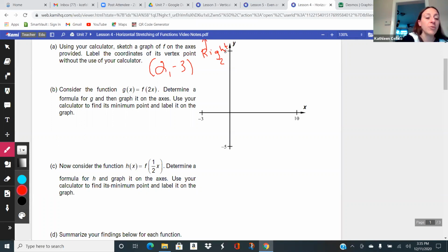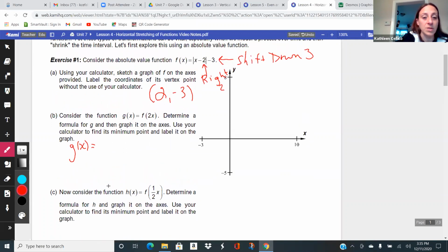Okay, so if we were to take the graph that we have up above, which is g of x, and we now need to say that anywhere I see an x, I'm going to make it a 2. So in my absolute value function, there's an x now. I'm going to make it a 2x. I still have the minus 2 and then minus 3.